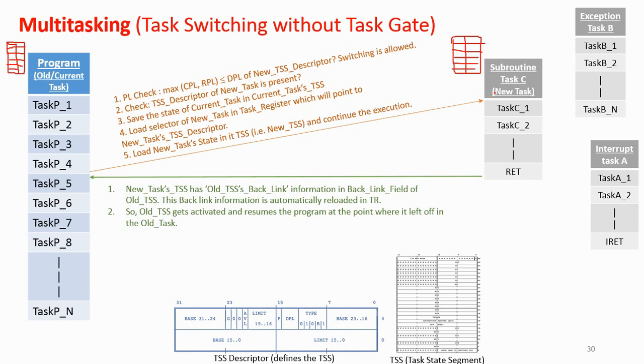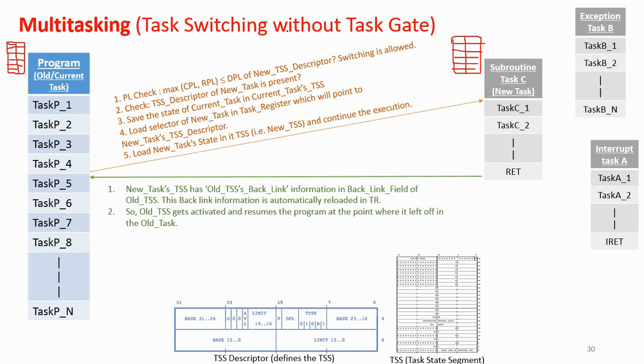So which checks are done by the microprocessor, which things are loaded by the microprocessor during task switching. So here when task switches, the status of the current task is checked in order to see whether it is permitted to switch to the desired task or not.